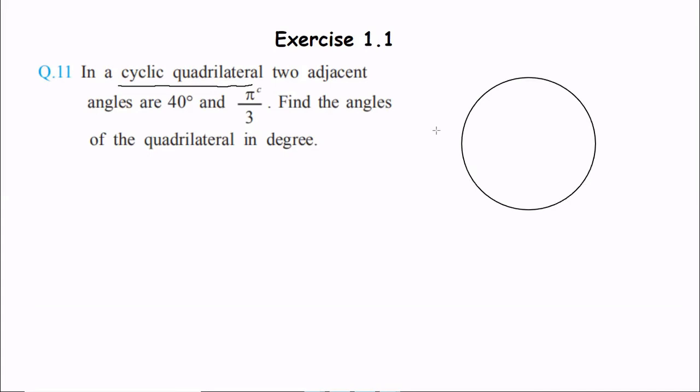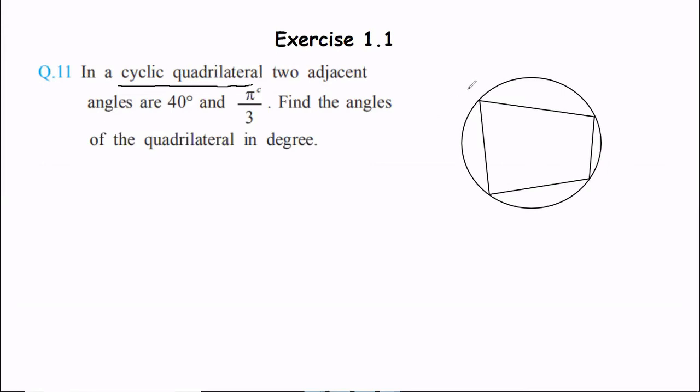For example, this is the circle we are talking about. In this particular circle, we are having a quadrilateral fitted inside. You can give that quadrilateral a name. Yes, so this is a cyclic quadrilateral.